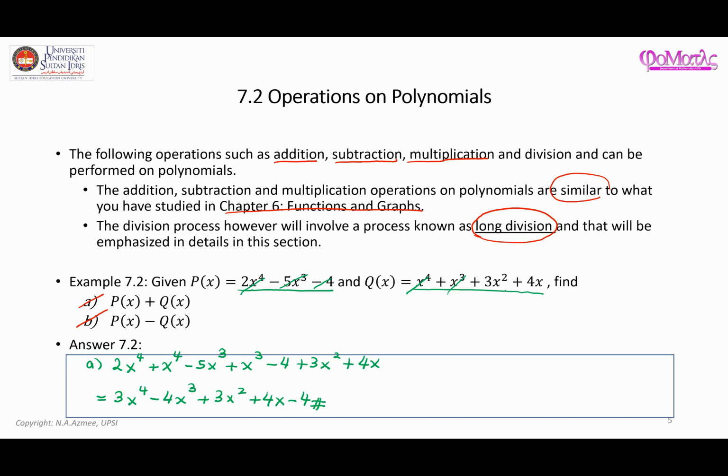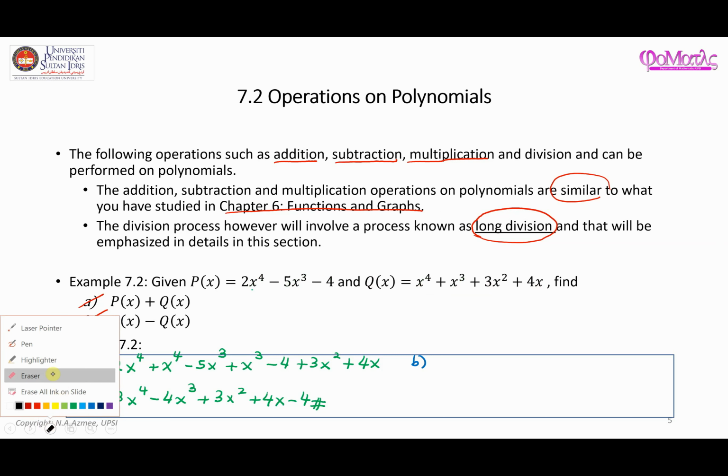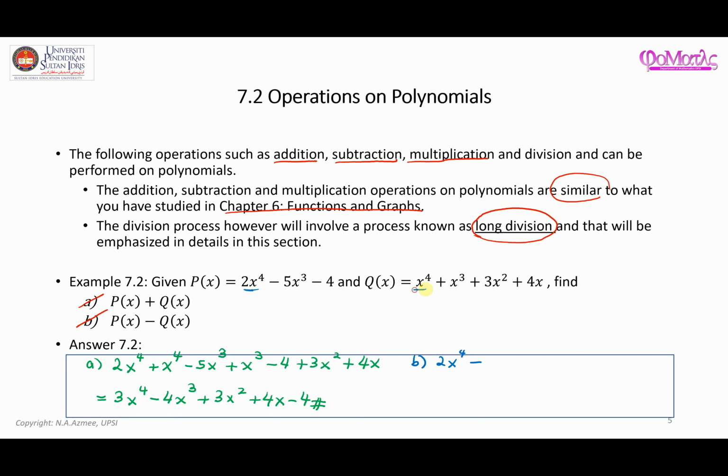Next we move on to question B, p(x) minus q(x). For p(x), I'm going to write down 2x to the power of 4 minus x to the power of 4.